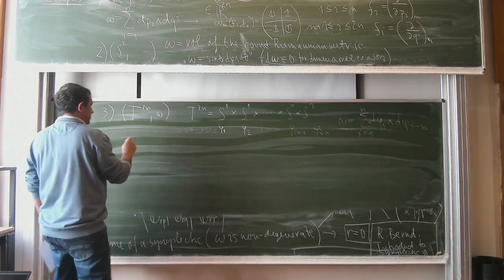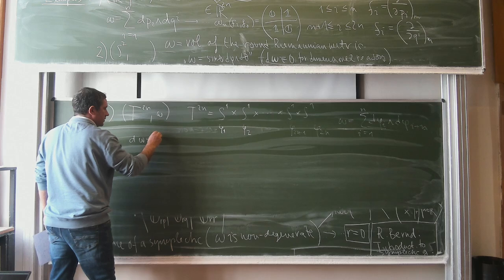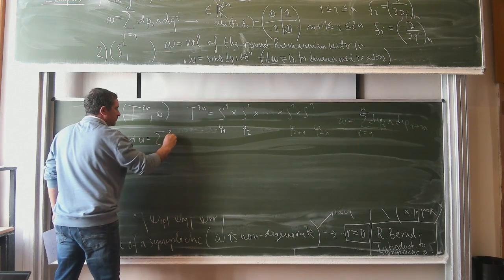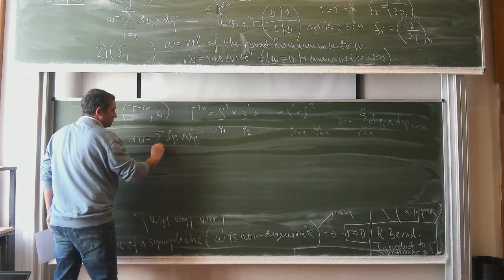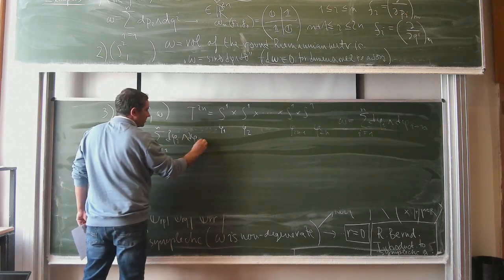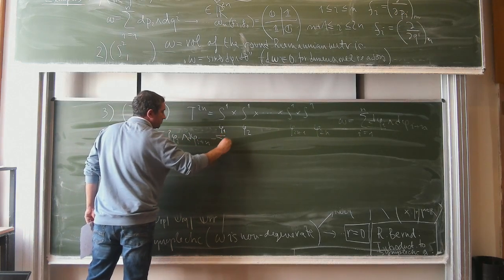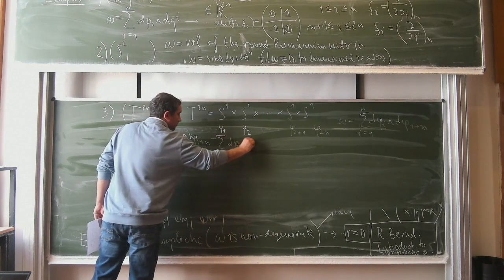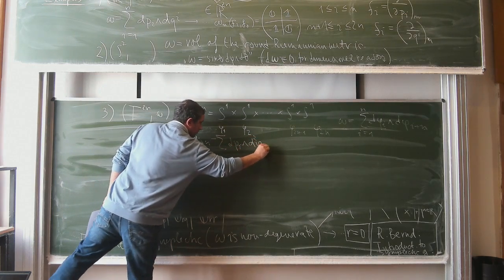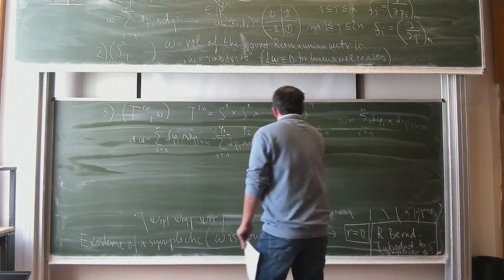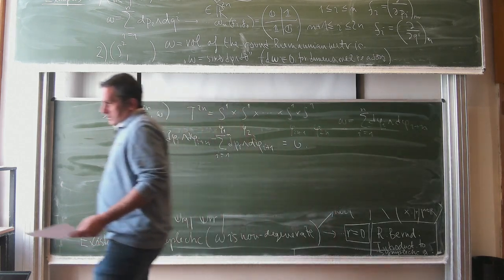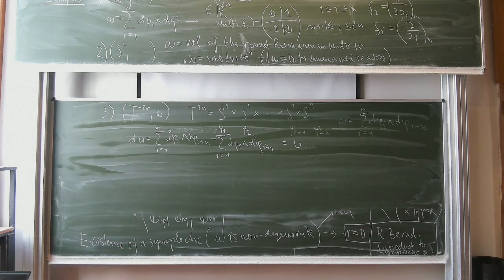So let us write it down. So this is easy. So tori are symplectic manifolds.